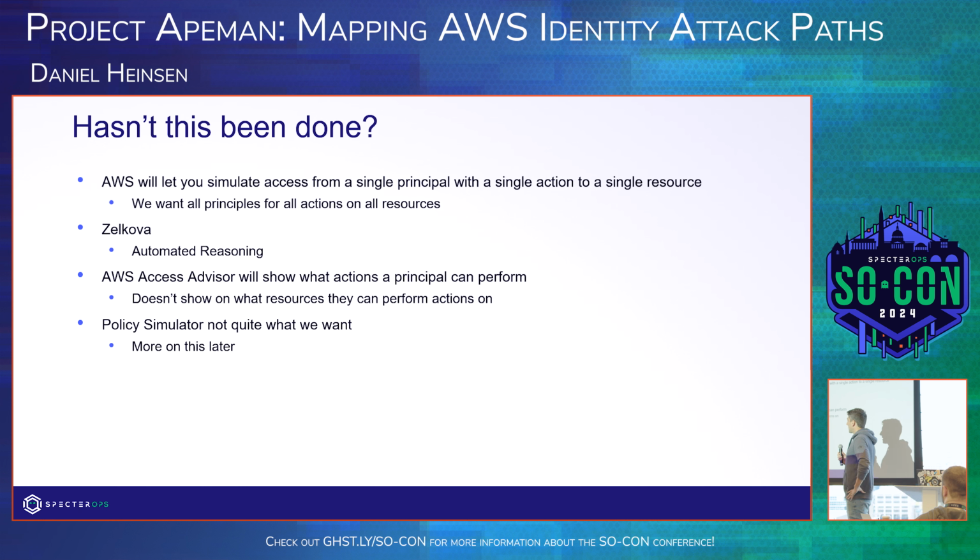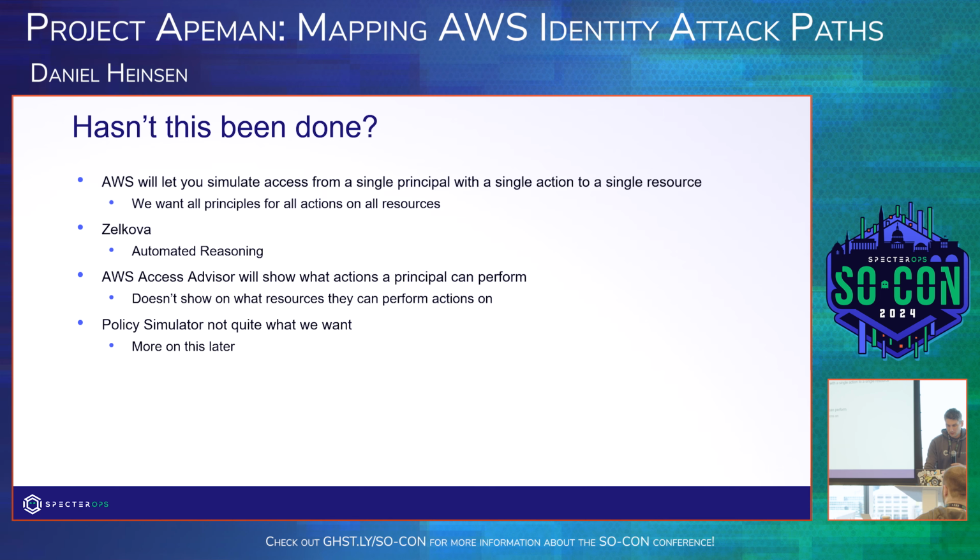And then about an hour ago, thanks Lee, I learned about Zelkova. I just threw that in there real quick. So this is something that AWS has been tackling internally, but it hasn't been externalized yet to my knowledge, although I do want to do a little more research on that. And then there's Access Advisor. And I'll have a screenshot of why we want to dig deeper than what Access Advisor is giving us, and Policy Simulator as well, right?